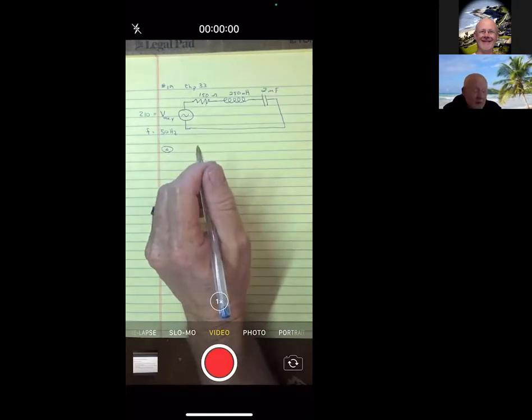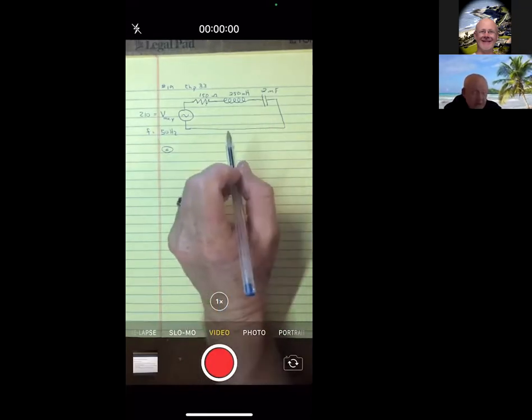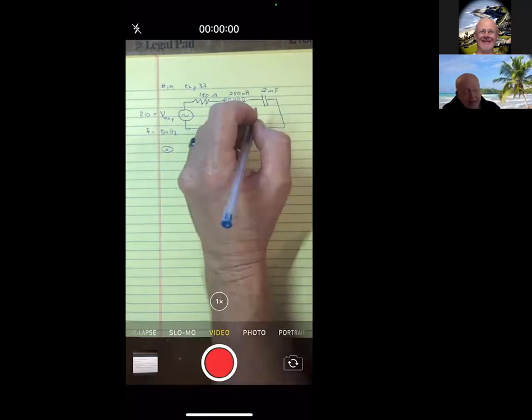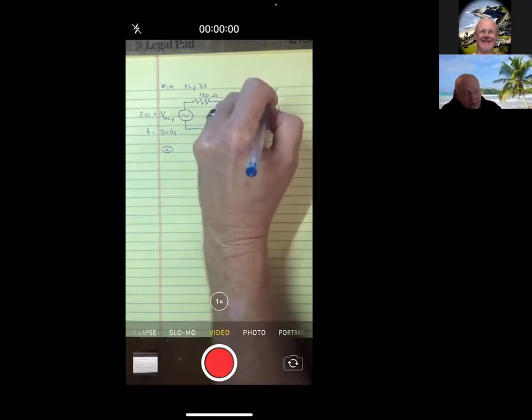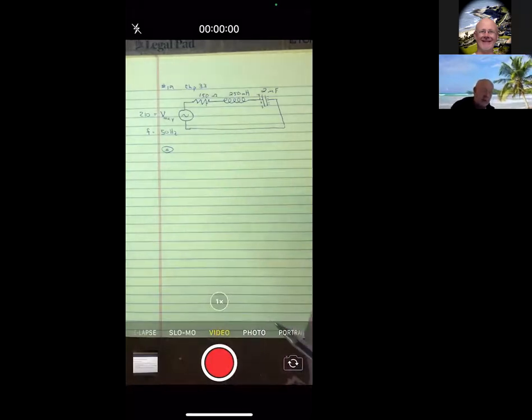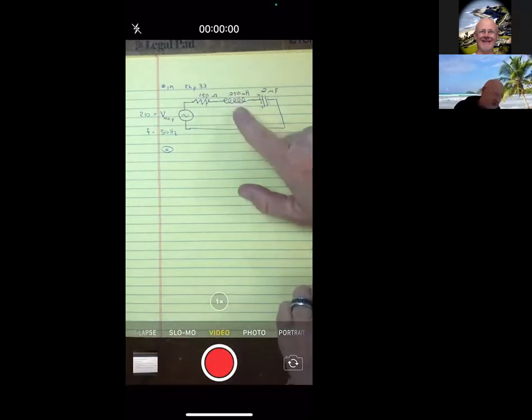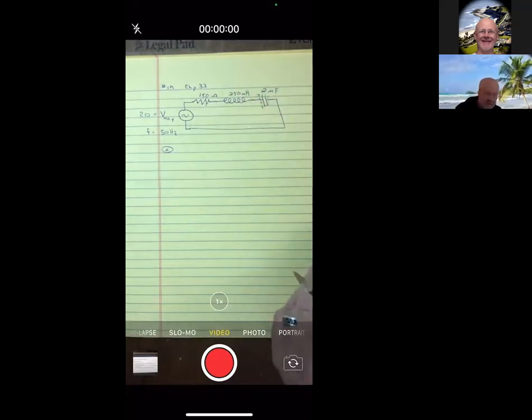Now, they are different in the sense that the capacitor's electric field is created by charges that build up on the plates of the capacitor. But the electric field that is in an inductor is the result of a changing magnetic field, which comes from the current itself.